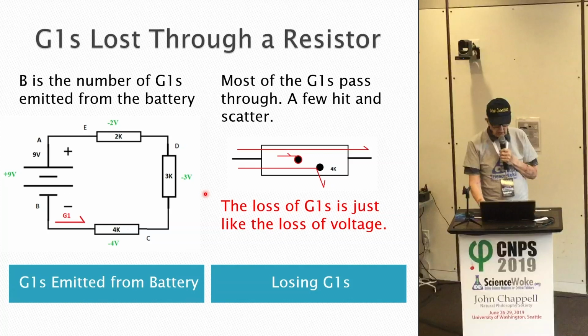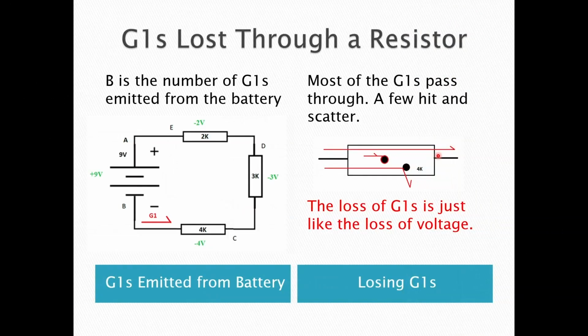Okay, G1s lost through a resistor. We're back to the circuit. Now I'm going to explain it in particle model terms. We have G1s being shown here going into the 4K resistor. And as they pass through, they're going to do these same things. Most of them pass through, some of them are going to hit and scatter.